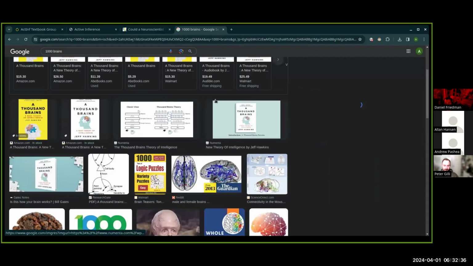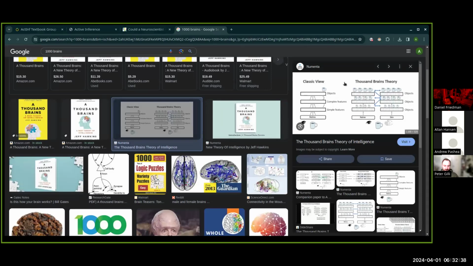This is an interesting work. I wonder about what they know about ActInf. But it has to do with parallelized, decentralized architectures and the columnar architecture.